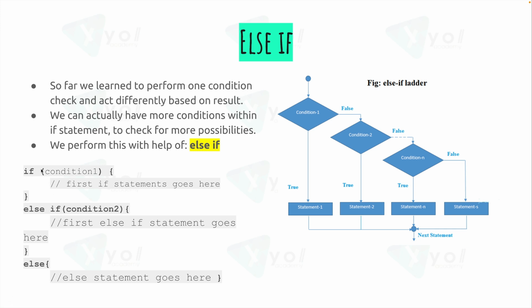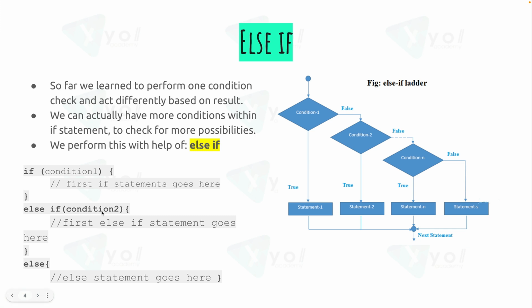We'll have again the if part first, which goes with the if keyword and the condition itself. We'll have the body of it. And now we have another else if with the condition itself, right? So you can see this is another condition that you can add to your if statement. Now, if the first condition becomes false, you add another condition that you want to check after the first one was validated.